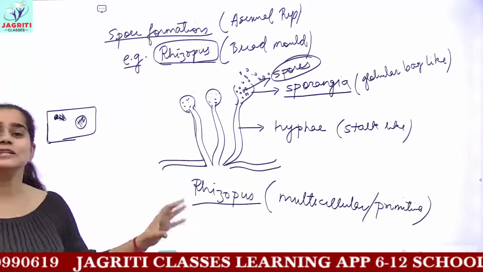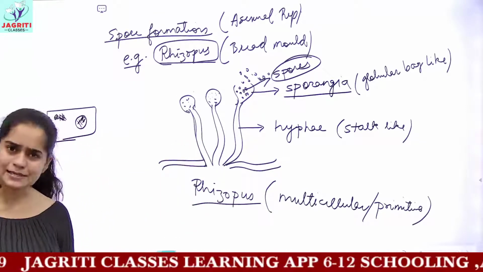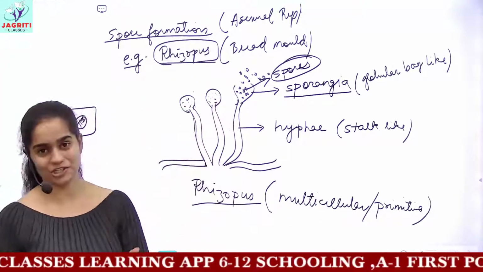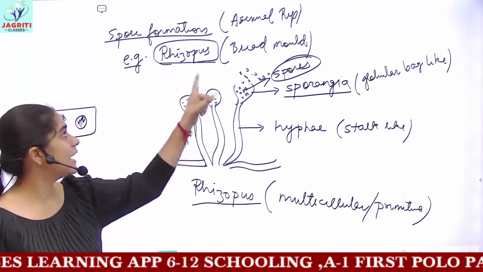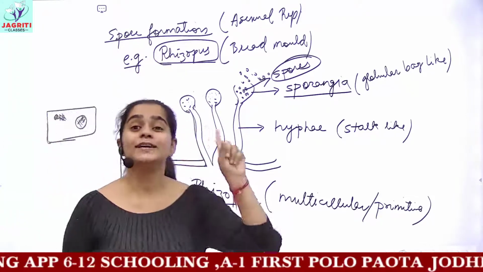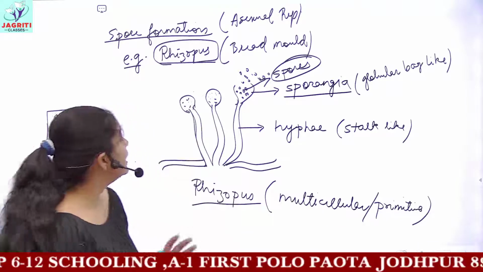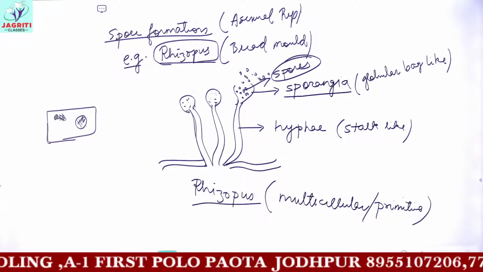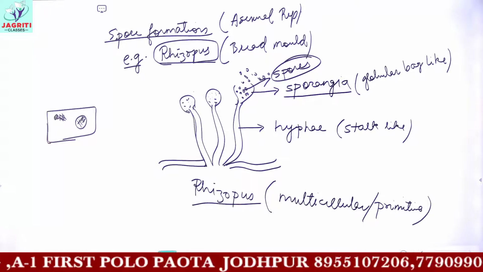Other than Rhizopus, there are many other multicellular primitive organisms which reproduce by spore formation. So many plants and animals use spores for reproduction, and this I hope you understood. So with this we have completed the topic of asexual reproduction in animals and plants.